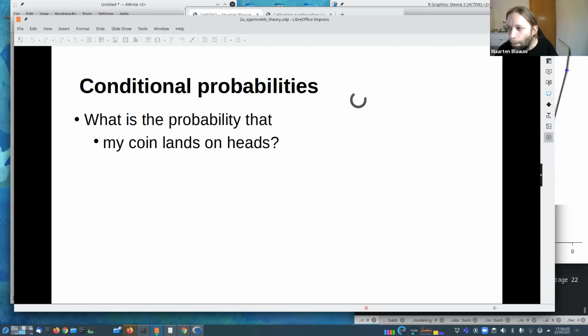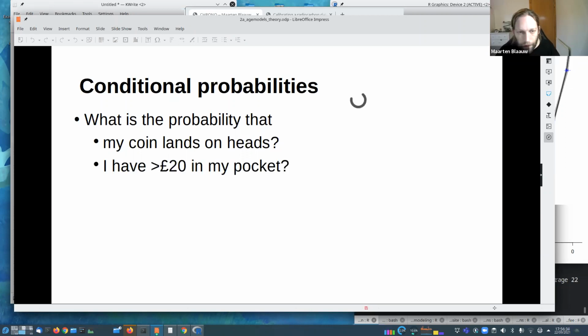Anyone? It's about 50%, I'm guessing, which is most likely the answer. It could fall on its side and stand there, which hardly ever happens. So we can ignore that possibility, and we give it a 50% chance.